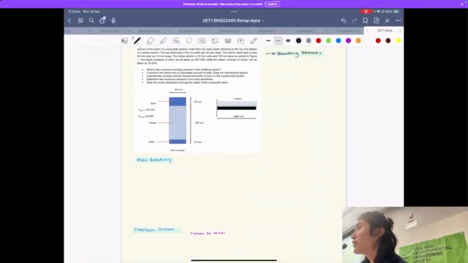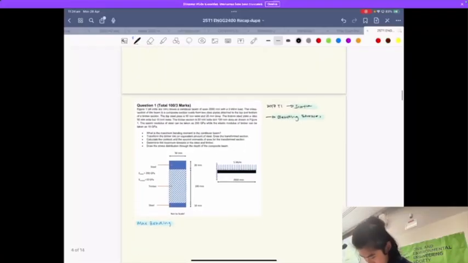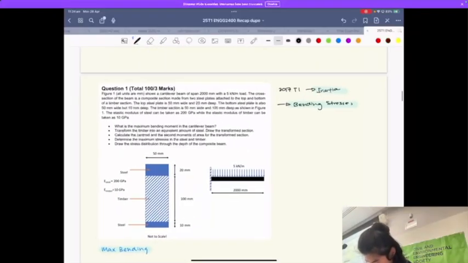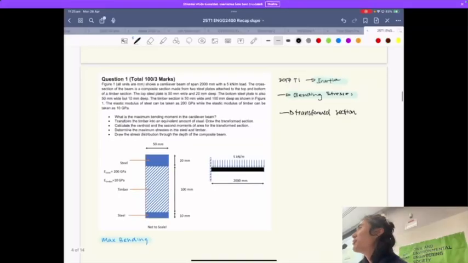Okay, so this is the first question we're going to be looking at. I would say most of the questions regarding transform section, so this is a transform section question. It will most of the time almost look like this. It will always be structured like this, and the steps will always be the same.